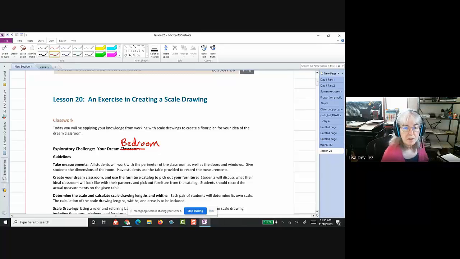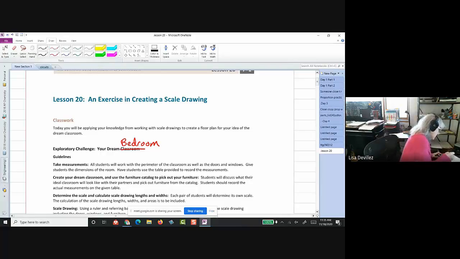So you're going to find a measuring device. If you don't have one, you can make one maybe with some string or something.